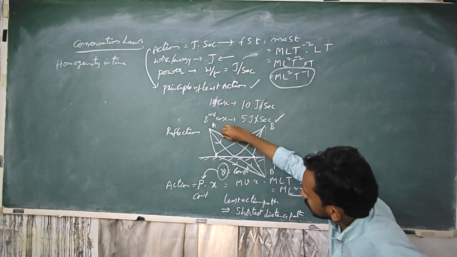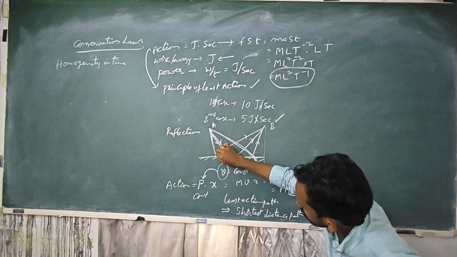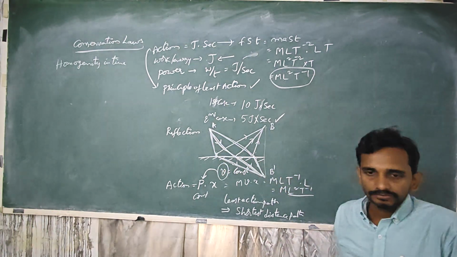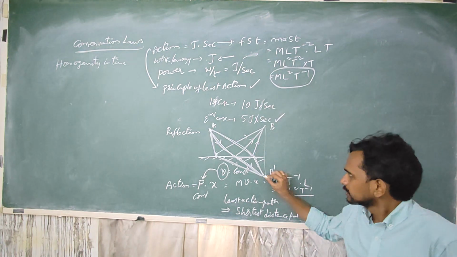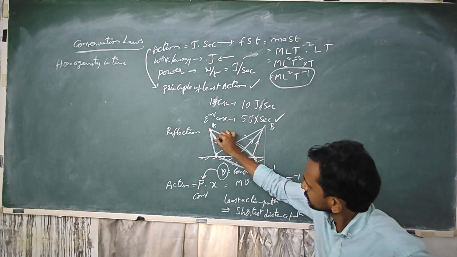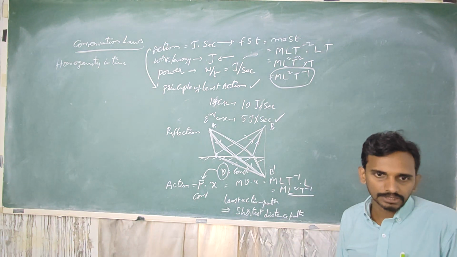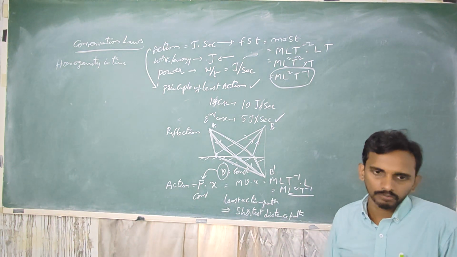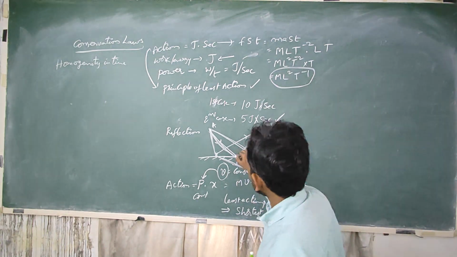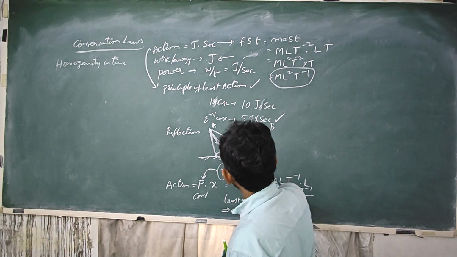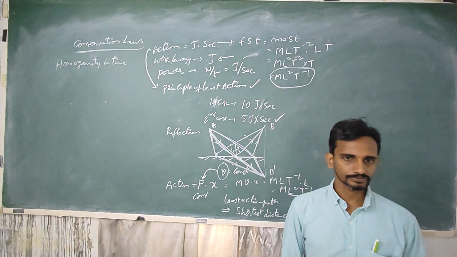So now A, B prime. Which one is best? Which one is shortest? This is a straight line. A straight line is the shortest line between any two points. Right? So this is the point where i becomes equal to r, angle of incidence equal to angle of reflection.